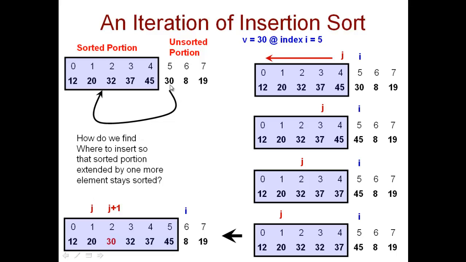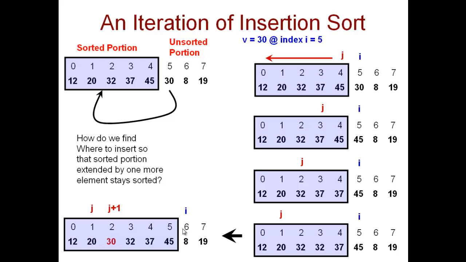How are we able to insert the first element in the unsorted portion to its appropriate location inside the sorted portion, so that the size of the sorted portion increases by 1 at the end of that iteration and it still stays sorted? And if we can do that for every iteration, we sort the entire array.